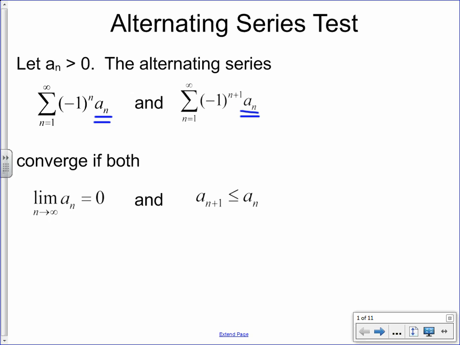So there's the sequence times the negative 1 to something. The negative 1 to whatever power it is tells us that it's alternating, and so then we have to make sure that this a sub n satisfies these two things. So it's a very simple test.